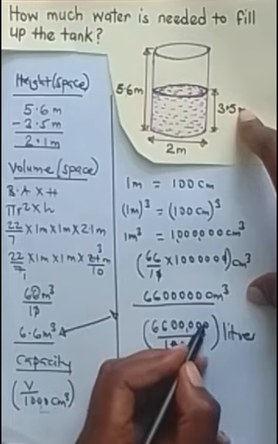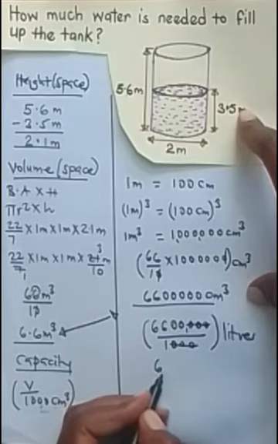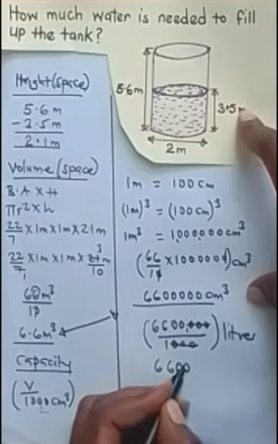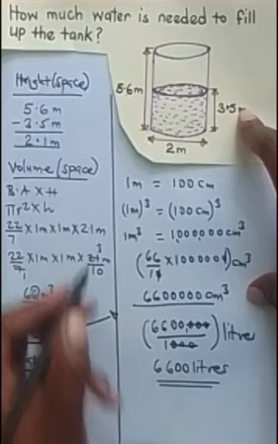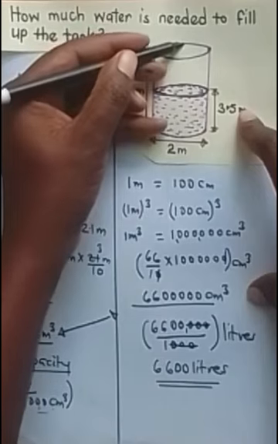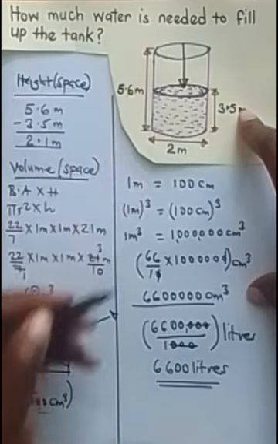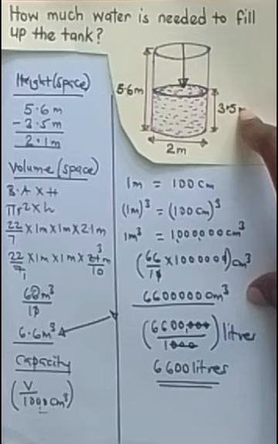So the 3 zeros will go. I'll remain with 6,600 liters. That is now the amount of water that we need to fill up this space. Wow, what a big tongue that was.